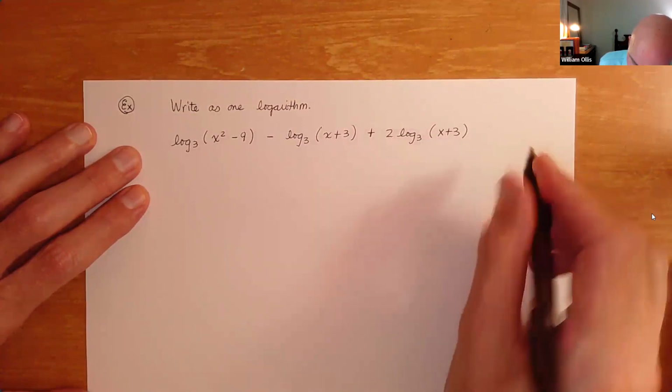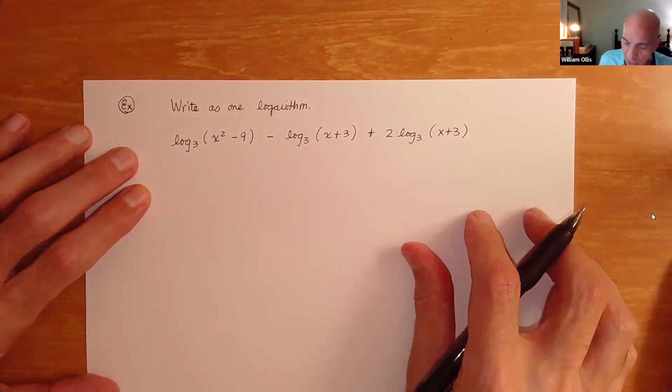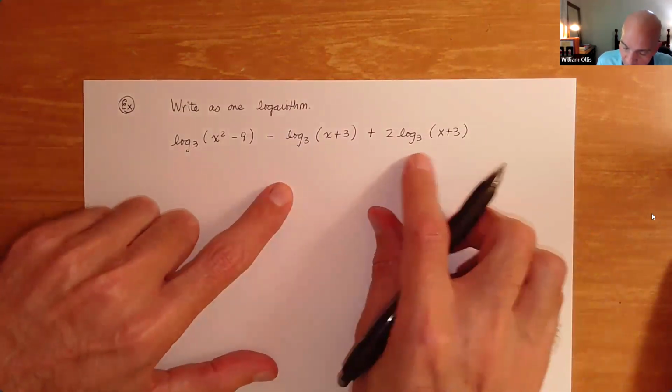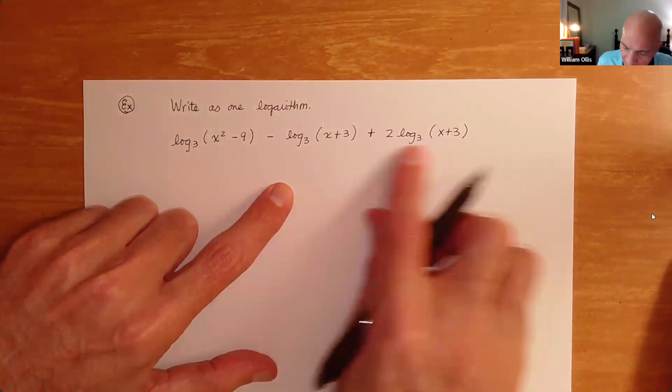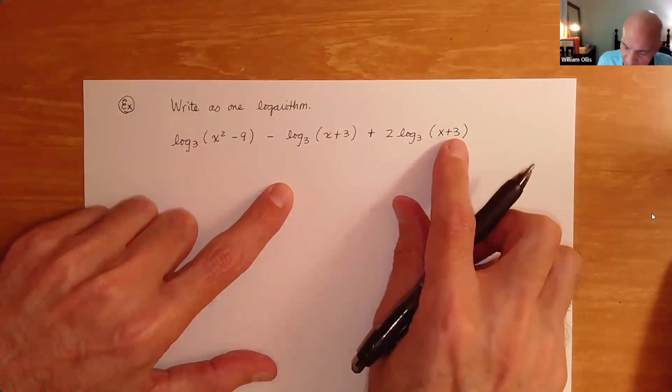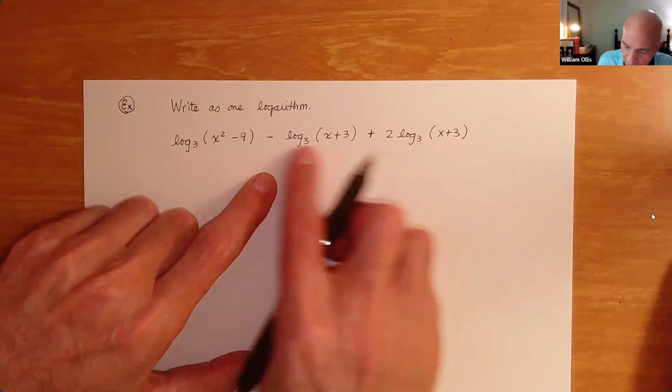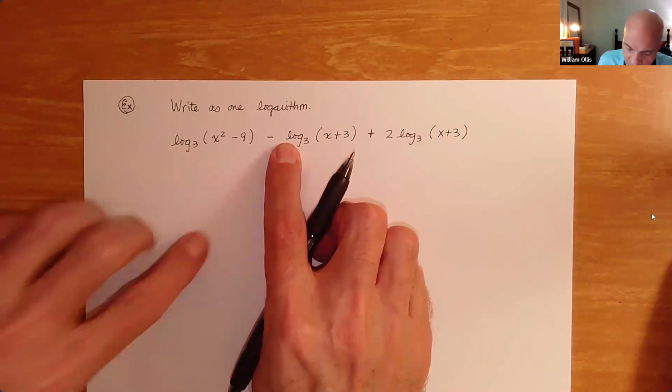Just a kind of an interesting situation here where it looks like we should be able to combine these. I mean, we've got the same argument, but we've got a 2 here and a minus here. Okay, so let's see what we can do.